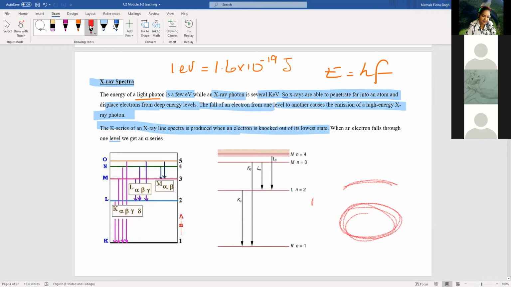S is your first shell? Yes, the S and then the P. SP. What else? I only remember the first two.